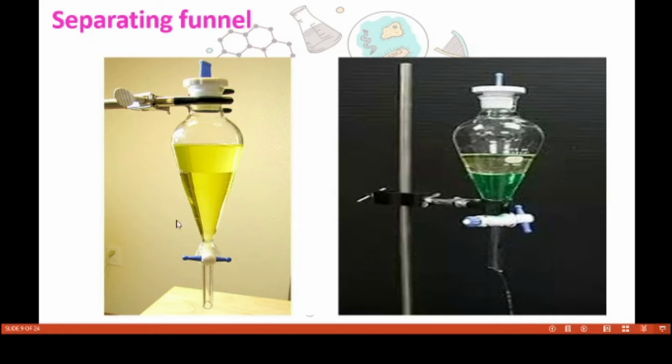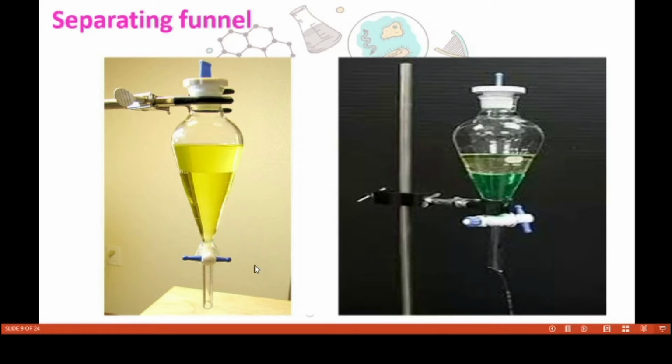On opening the stopcock of the separating funnel, the lower layer, that is the heavier liquid, comes out first and gets collected in the beaker. When the lower layer of heavier liquid has completely run off, the stopcock is closed. The lighter liquid in the upper layer is collected in a separate beaker by opening the stopcock again.